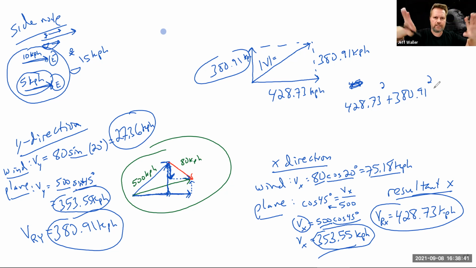Take all the x pieces and add and subtract them. Take all the y pieces, add and subtract them. You end up with this and this, and then you do exactly what we're doing. You do Pythagorean to put them all together into one hypotenuse, and you do inverse tangent to figure out the angle. It's so beautiful.